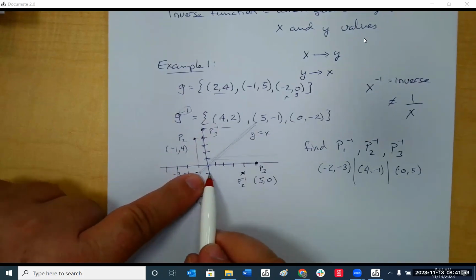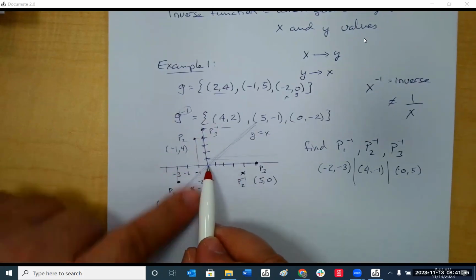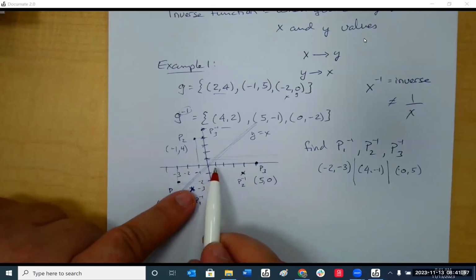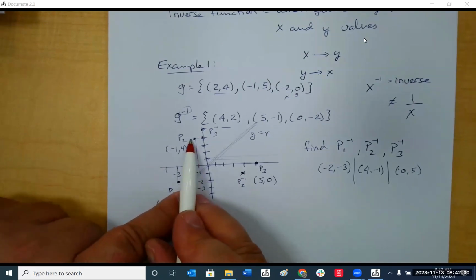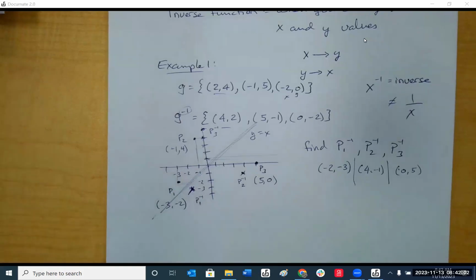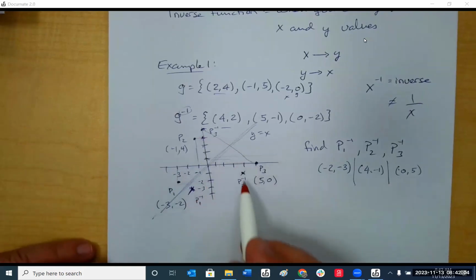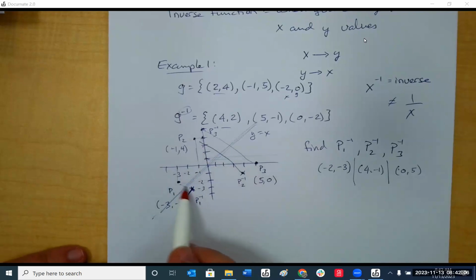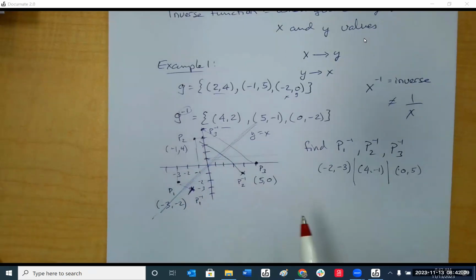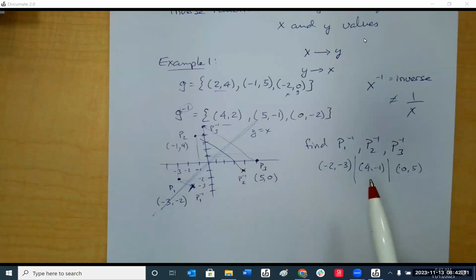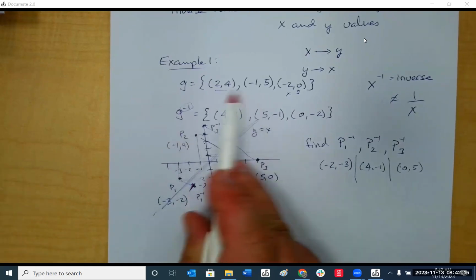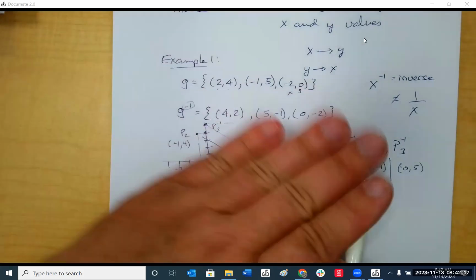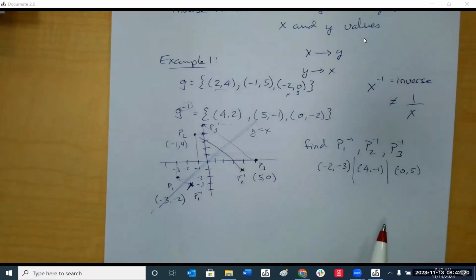If I go down 1 over 4, or back 1, up 4, it just switches. So these two are inverses, these two are inverses, and these two are inverses. If you want to find the graph of an inverse, draw the graph of the original function, and then fold the paper diagonally. Whatever the dots correspond to, those are your inverse graphs.